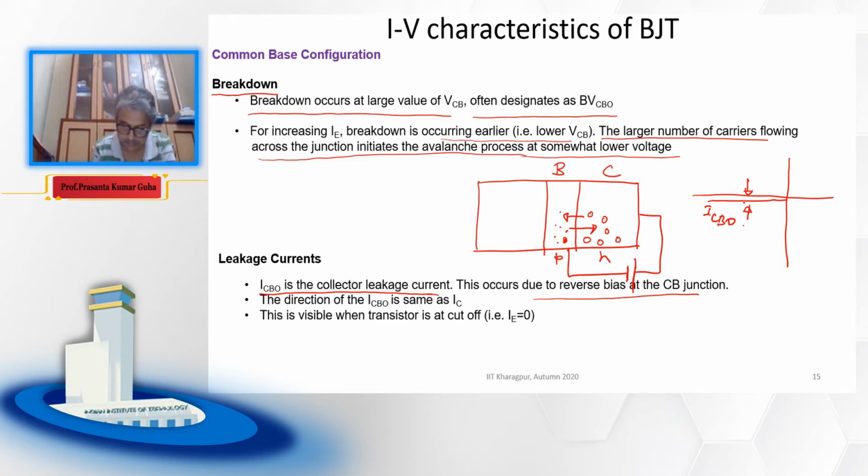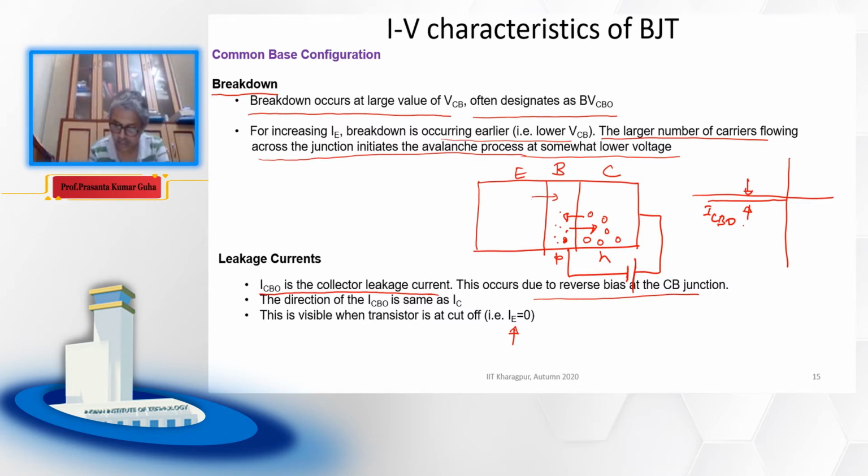Now this ICBO is obviously in the same direction as IC, but it will be visible if IE is equal to 0. You see, if there is no electron flowing from emitter to base, which will ultimately go to the collector, then we will see basically IC.